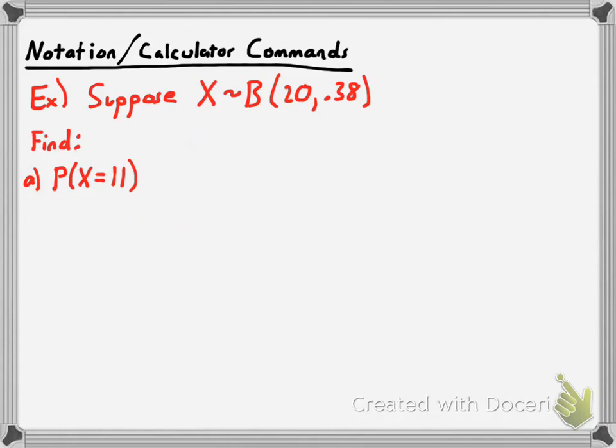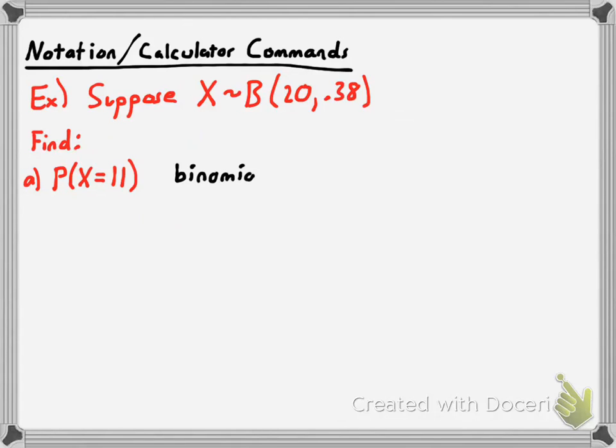Now on your calculator, I'm speaking about TI83s and 84s, not Inspires or Casios or anything, sorry. You can find similar commands on those calculators though. On the TI83 and 84, the command that you're looking for with binomial probabilities, there's actually 2 of them, but to find the probability of a specific number of successes occurring in a binomial distribution, you're looking for something called Binomial PDF.